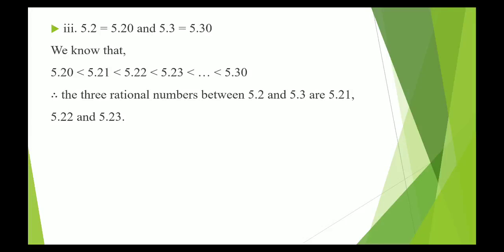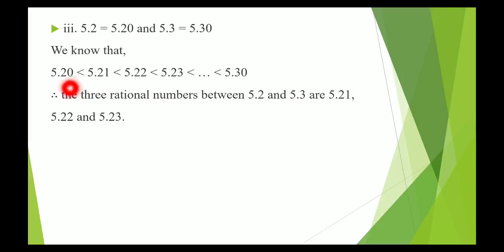One more. Question number 3, 5.2 and 5.3. 5.2 can be written as 5.20, 5.3 can be written as 5.30. So between 20 and 30, you can write it easily, right?